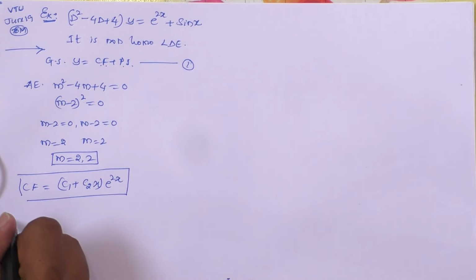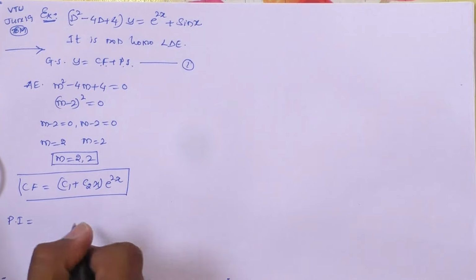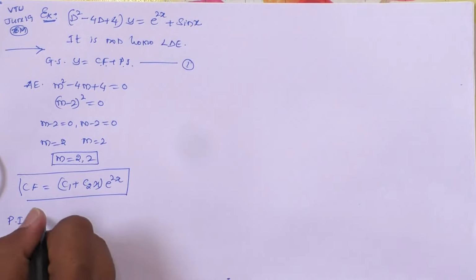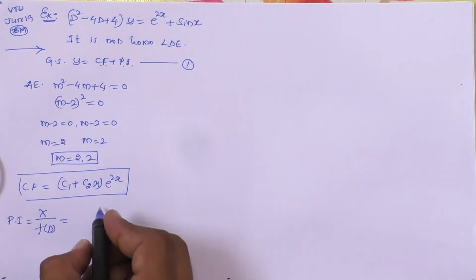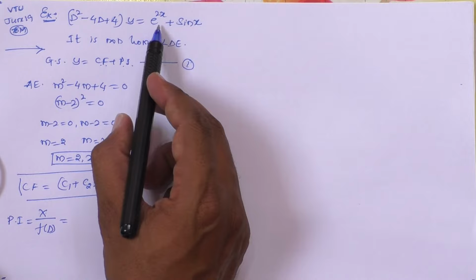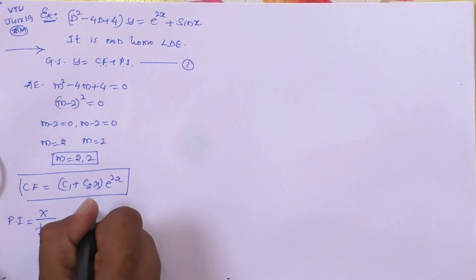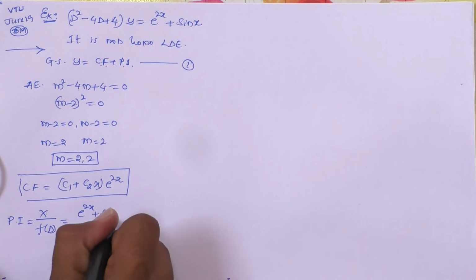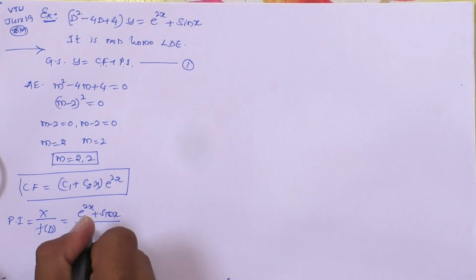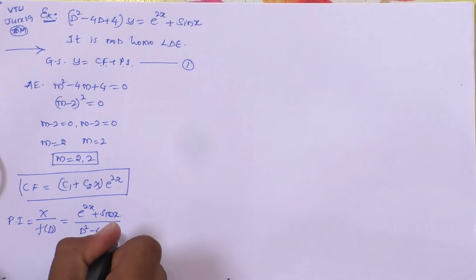Then let us go for PI. We know PI is the x term divided by f of D. Here in this problem, the x term is e raised to 2x plus sin x, divided by D square minus 4D plus 4.